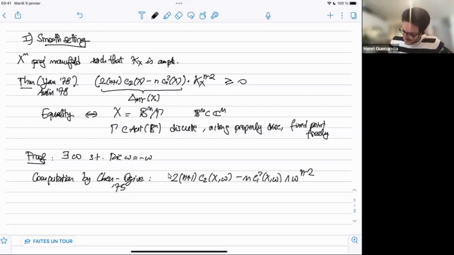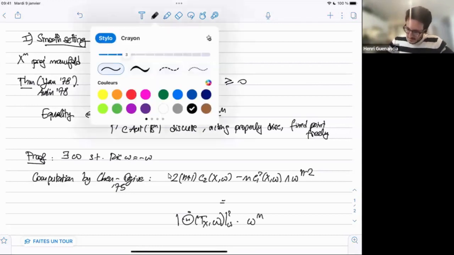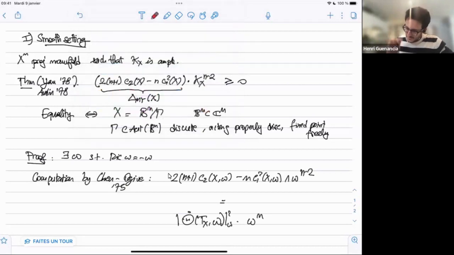This is pointwise equal to the norm of the trace-free curvature tensor of the tangent bundle multiplied by the top power of omega. That's because usually there's another term, but that disappears when omega is Einstein.